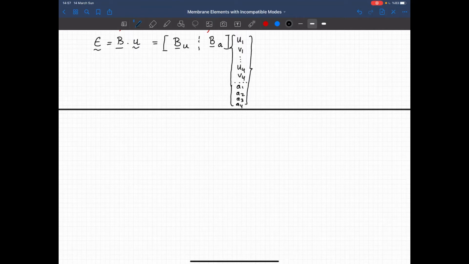Now how do we calculate this BA matrix? BU, this part is exactly the same as the bilinear membrane element. So we have these additional terms for the generalized displacements.